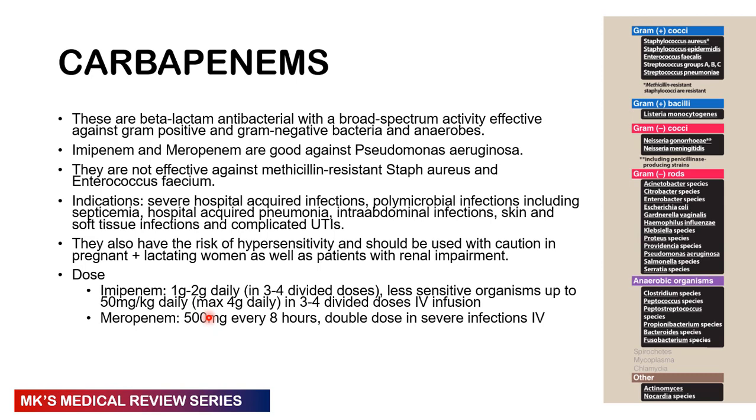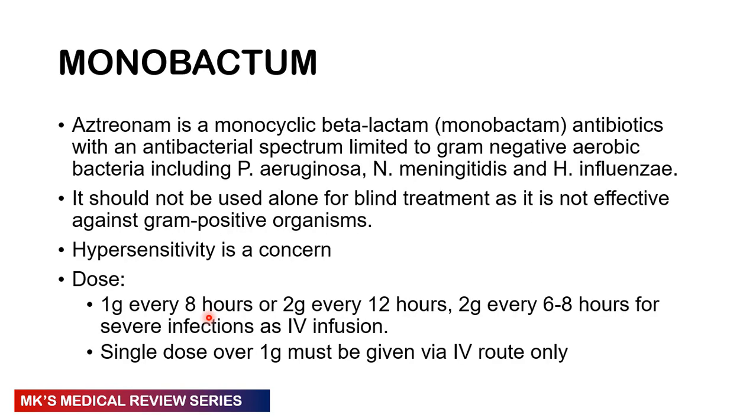Then moving on to the next, which is the Monobactams. Aztreonam is an example of a monocyclic beta-lactam drug, which has an antibacterial spectrum against the gram-negative aerobic bacteria, including Pseudomonas aeruginosa, Neisseria meningitidis, as well as Haemophilus influenzae.